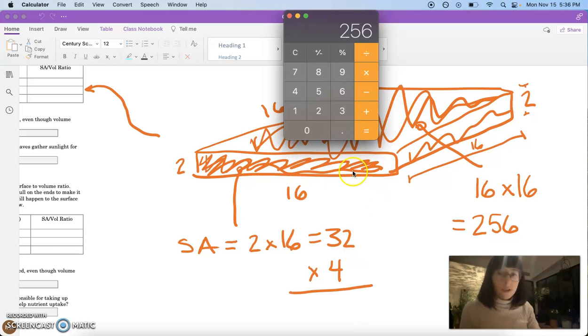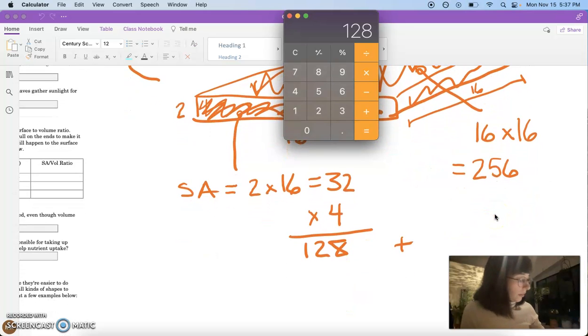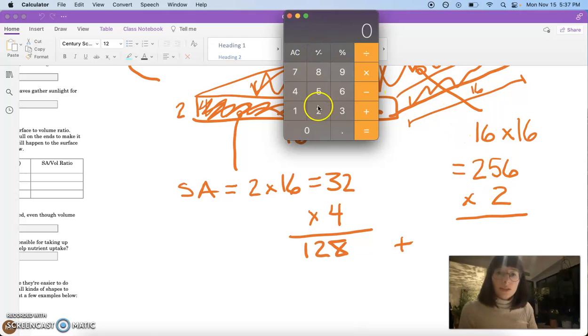So 32 times 4 is 128. And then you have to add that to this value over here, and there are 2 faces of this rectangle that have that value, so that one's times 2. So 1 step at a time, 256 times 2 is 512. And then 512 plus the 128 that we calculated a minute ago is going to equal 640.